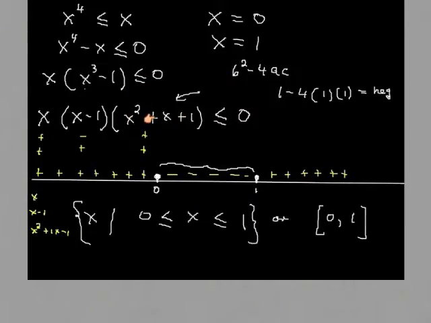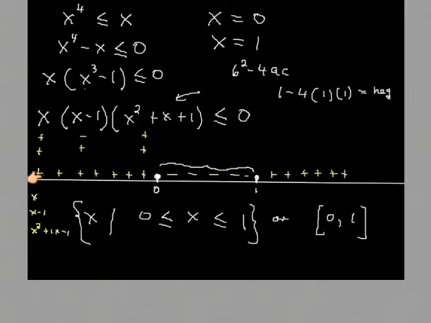So b is 1, and 1 squared minus 4 times 1 gives me a negative answer. So I know that there are no more real solutions here. Although, because the highest degree is 4, I would have expected 4 x values, there are only two real solutions, and these two are not real. So I only have to worry about 0 and 1 on my number line.